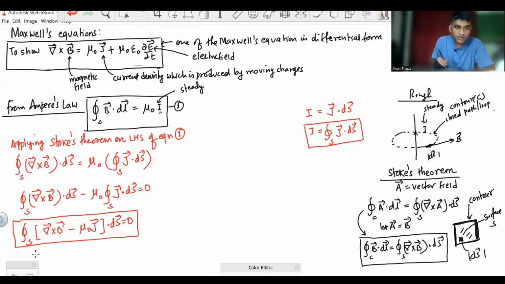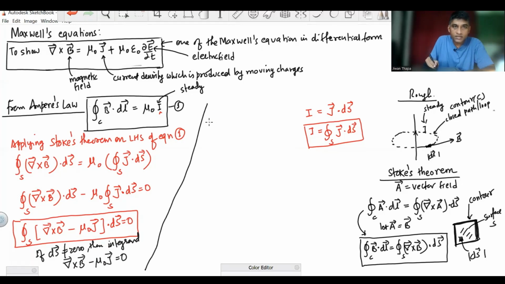Now, if this is not 0, then the integrand, curl of B minus mu naught J equals 0.